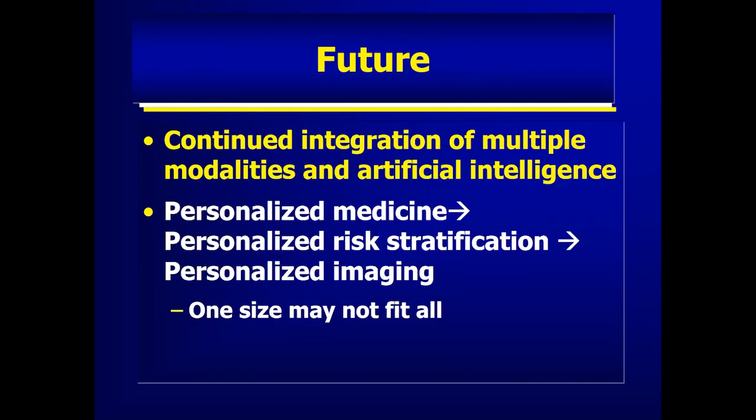I think we'll continue to have integration of multiple modalities along with artificial intelligence. Breast ultrasound is not a standalone modality. It's heavily integrated with mammography and heavily integrated with MRI. And we'll probably see personalized medicine, personalized risk stratification, and personalized imaging, so one size may not fit all.